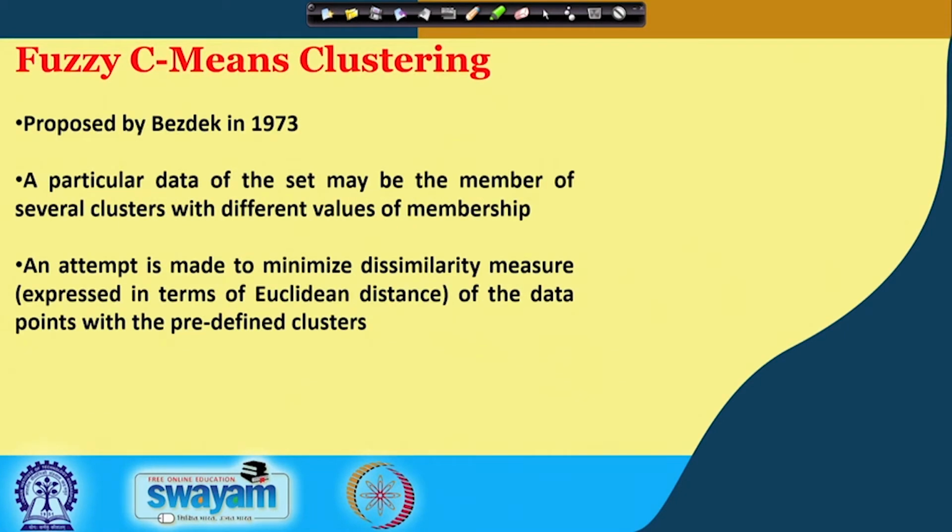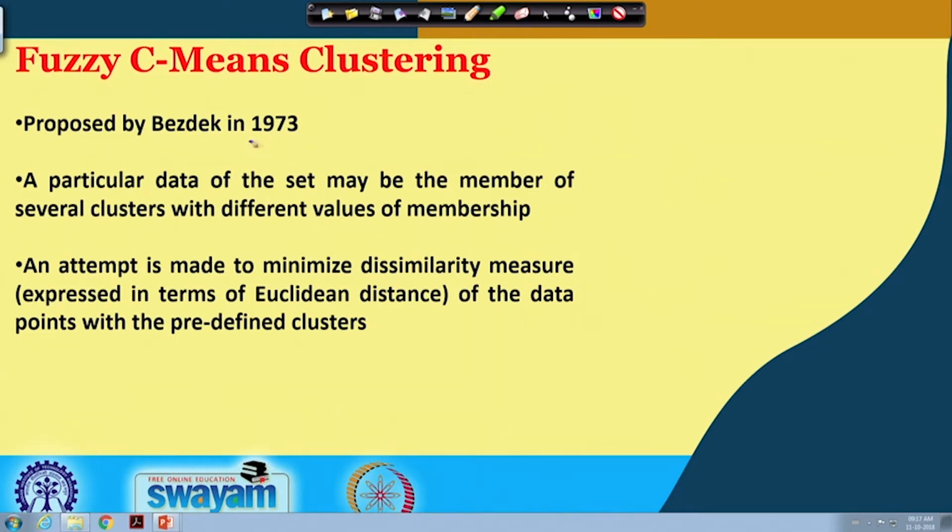This fuzzy C-means technique was proposed in the year 1973 by Bezdek, and after that a lot of modifications have been incorporated into the algorithm. The way the clustering is done is as follows.